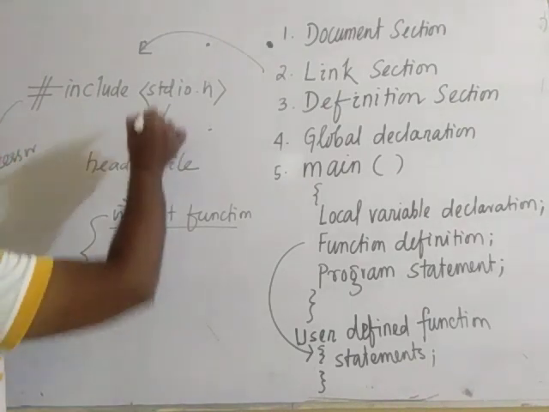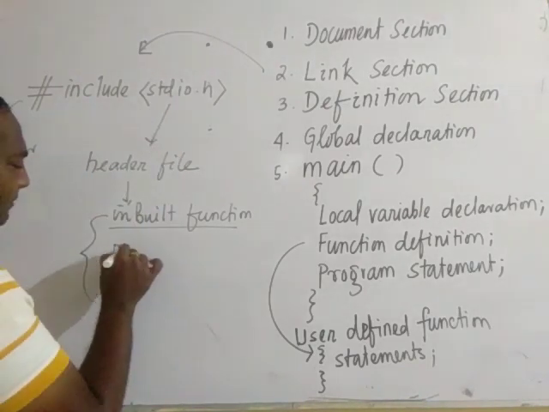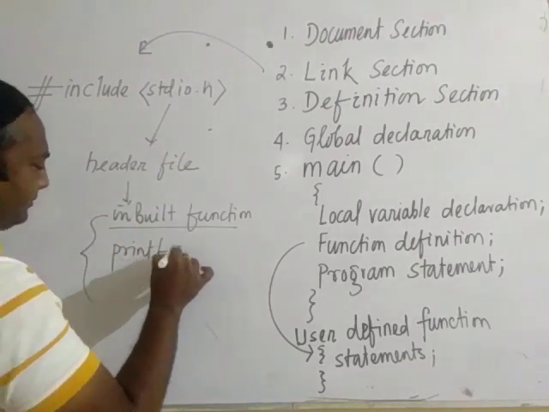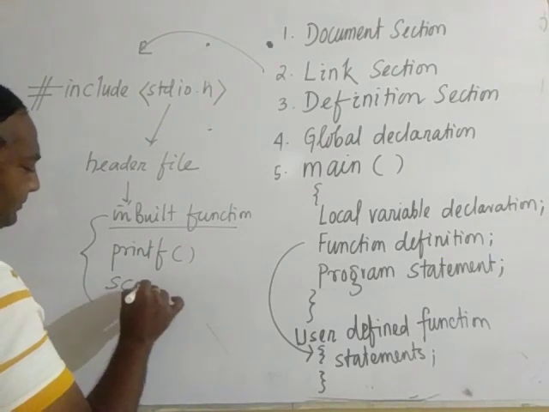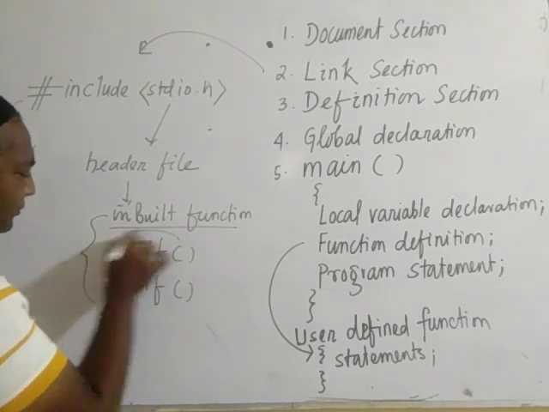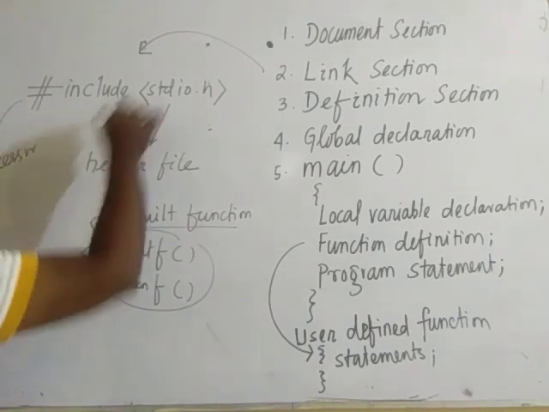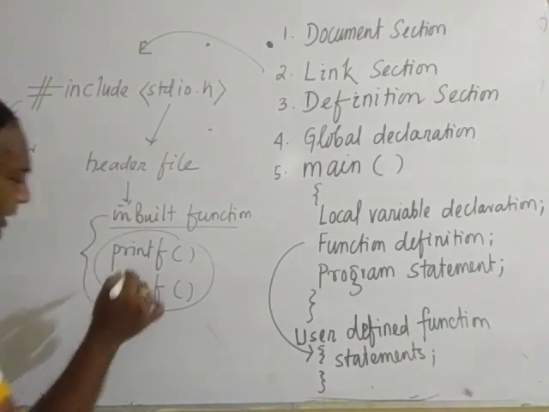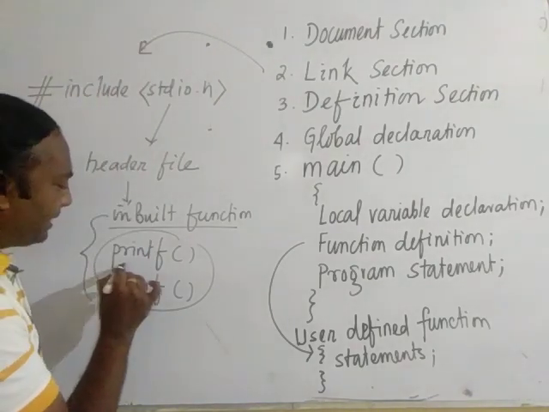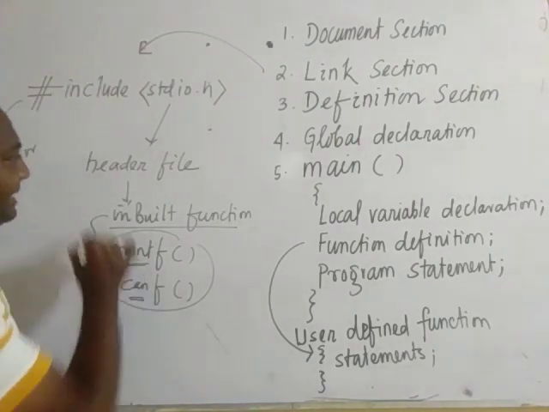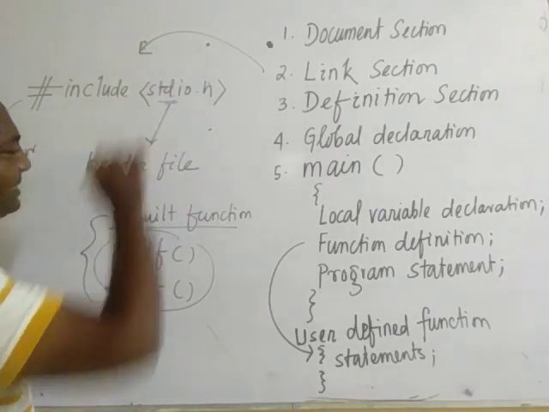For example, two functions are printf and scanf. These two functions are included within stdio.h. So the programs written for printf and scanf are written inside the stdio.h header file.